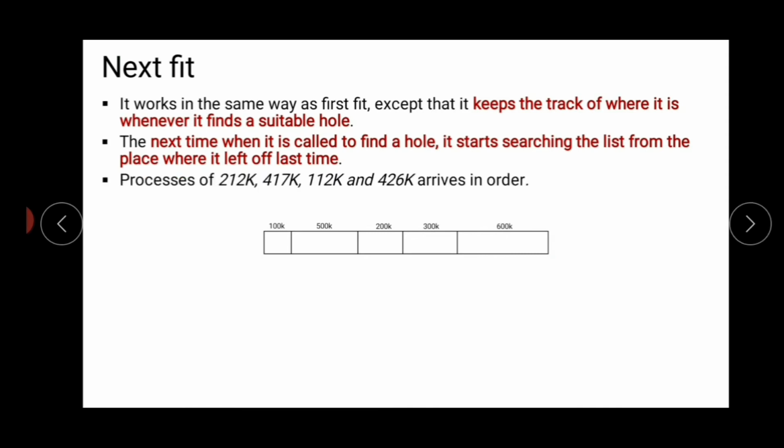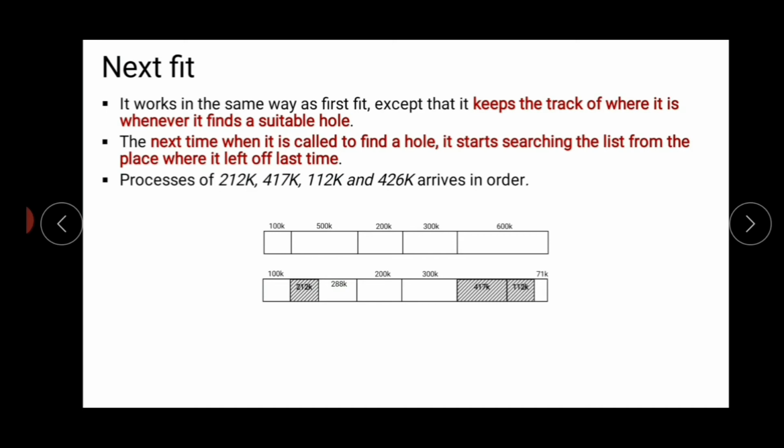Let us take the same example as the previous one. We have 4 processes. The first process is 214k, so the search will begin from here. The first block with enough space is 500k, so this will be allocated to that process, and the remaining 288 kilobyte will be free.